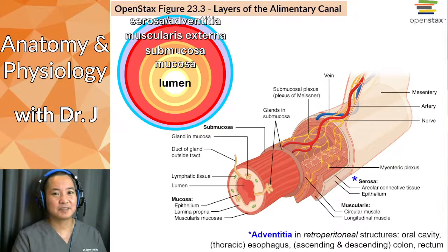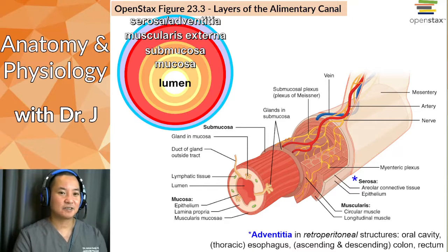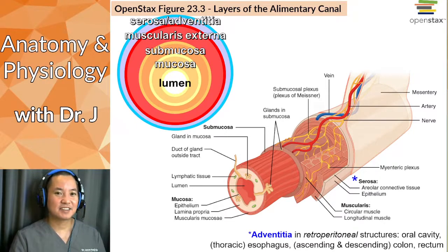The peritoneum is a membrane that lines your abdominal cavity, and depending whether it's in front, toward your anterior, or toward the back of your body: if it's retroperitoneal, it's called adventitia, and if it's in front, then it's called a serosa. But just know that serosa and adventitia, if it's there, is the outermost layer compared to the lumen.